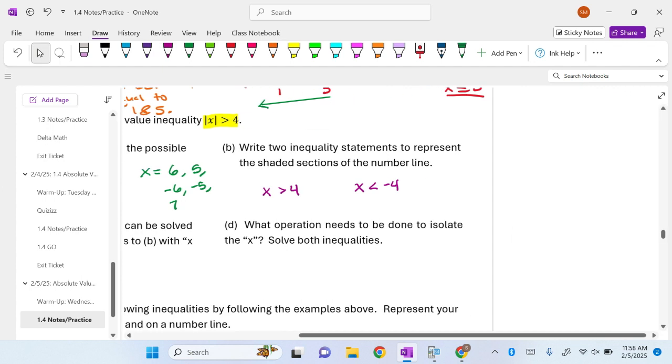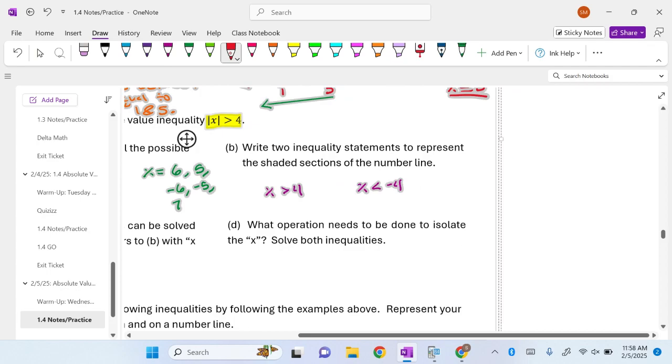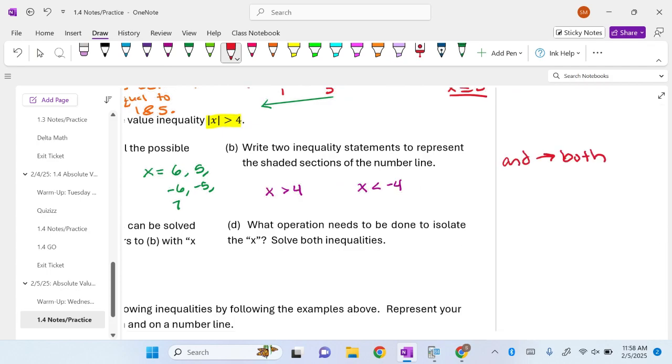Again, we can write this off to the side. And in math means both. Or in math means at least one. So in other words, when we're looking in math terms, and we want kind of between.